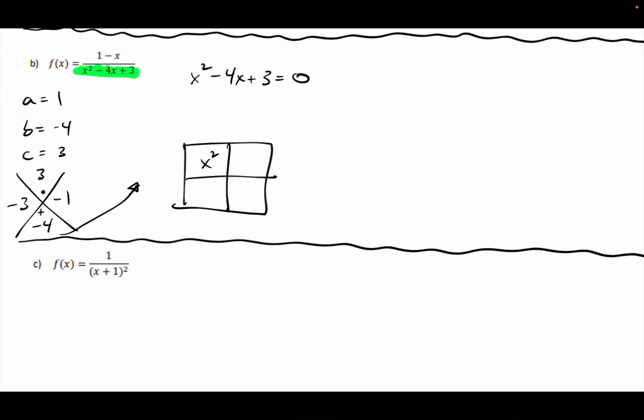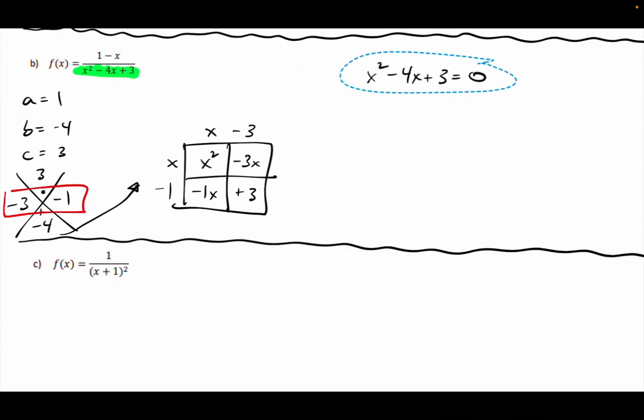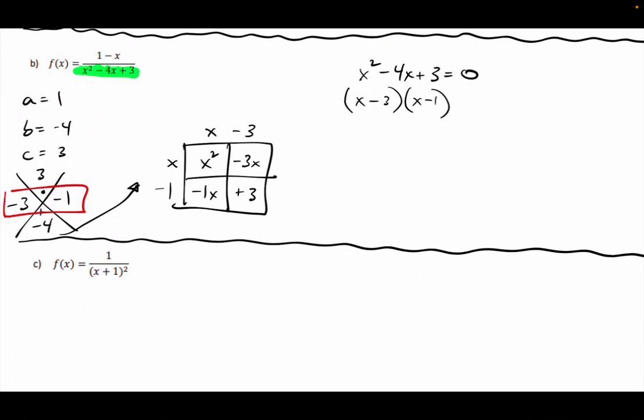First term always goes up top, last term always goes on the bottom. Then I have -3x and -1x from the x game. Factor x times x, and then -3 and -1. So this guy is going to factor to x minus 3 and x minus 1.